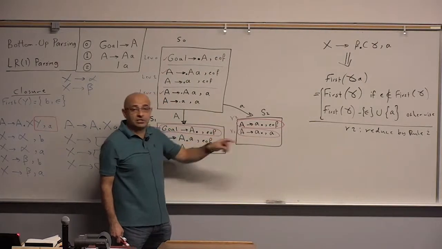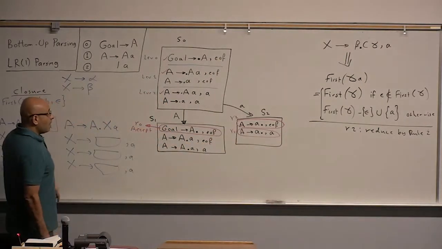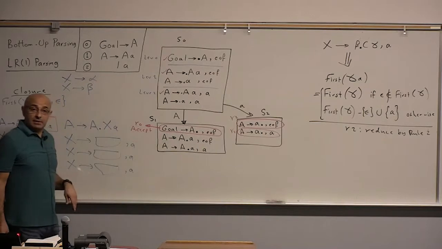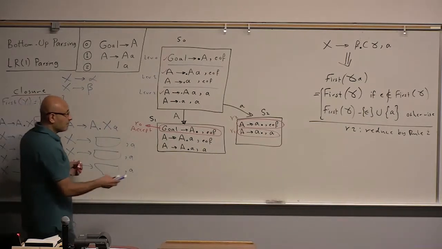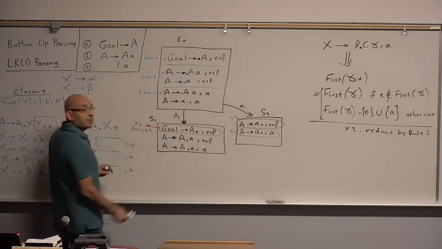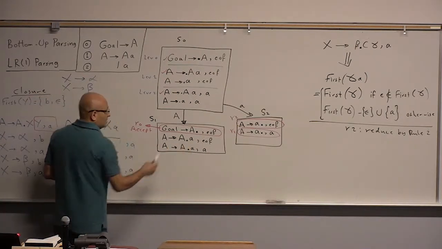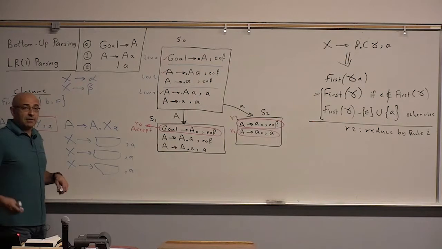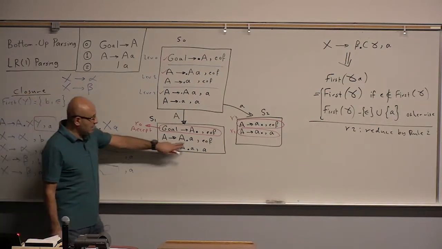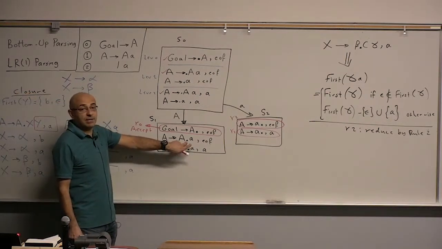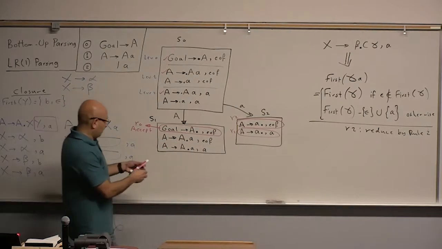It has just reached the end. But this is not the case here, because here the placeholder reached the end of this production, but it hasn't reached the end of these. So there is still further progress that we can make here, because the placeholder is still in the middle here.